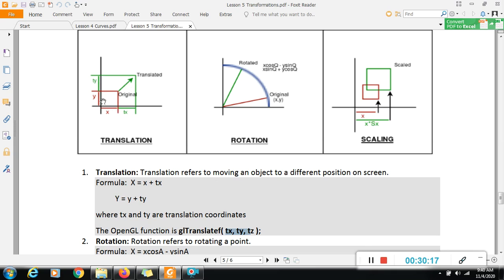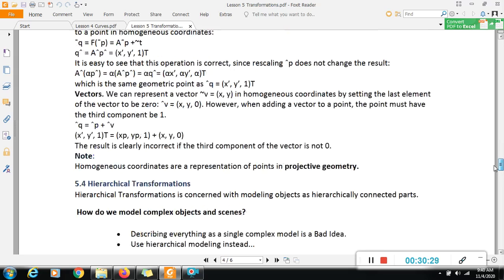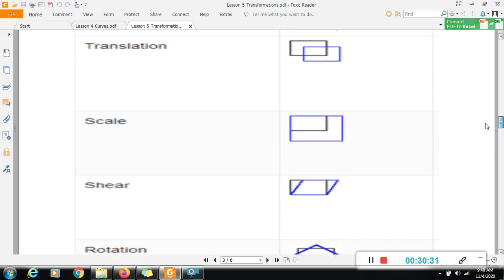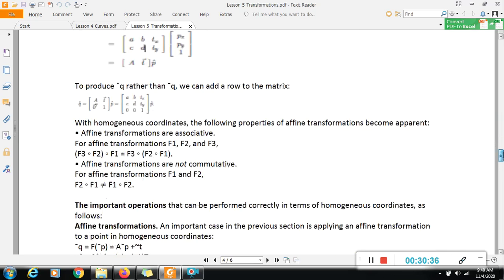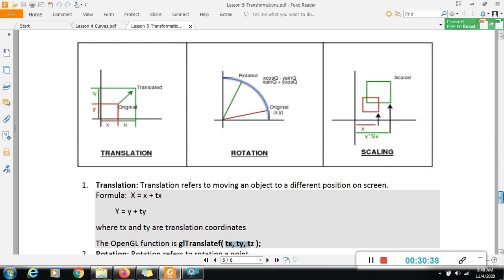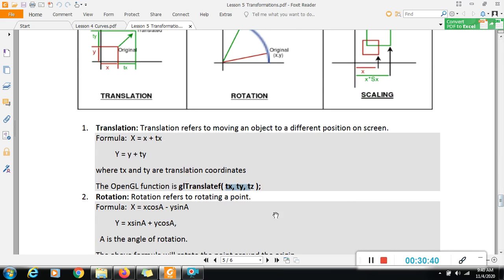When you move the entire object, the object may not change in size, but may be moved to a different location. I think we had seen that also here. It has not changed in size, but has been moved. If in 2D, of course, tz would take the value of 0.